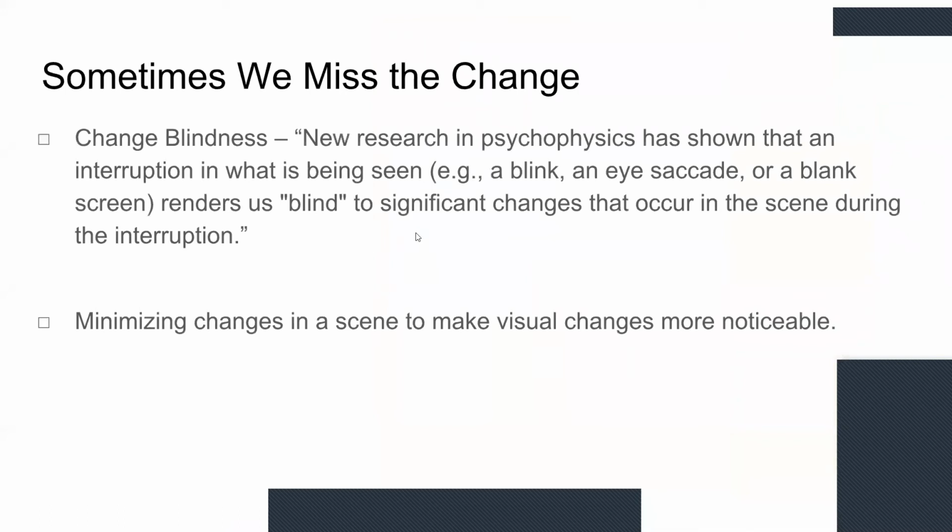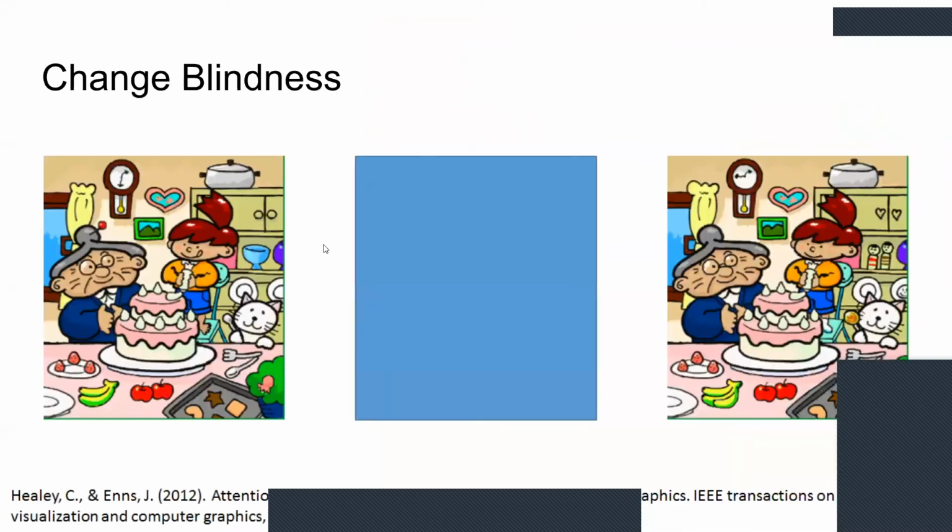The next thing to consider is the idea of change blindness. A game I used to play as a child had one image, and in the other image there would be a slight difference.